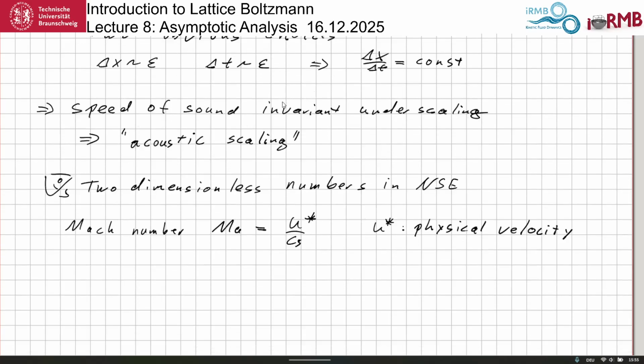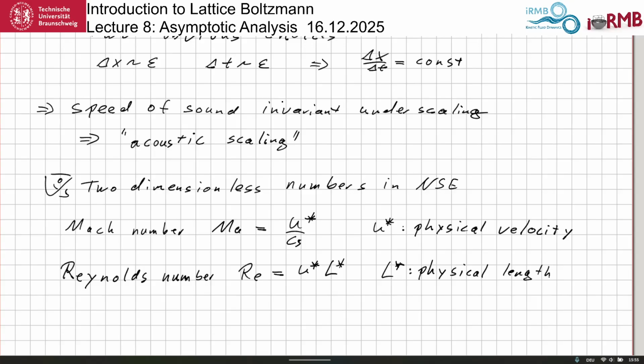And of course, we have the Reynolds number. It has again the physical velocity, a physical length scale, and a physical viscosity.